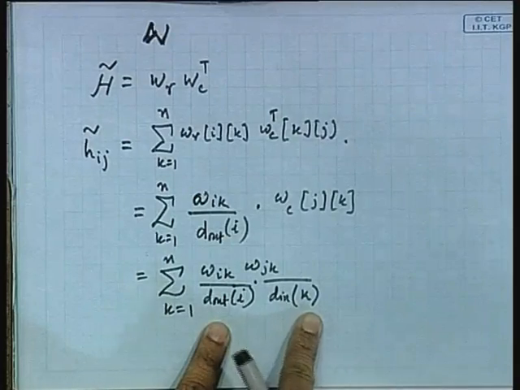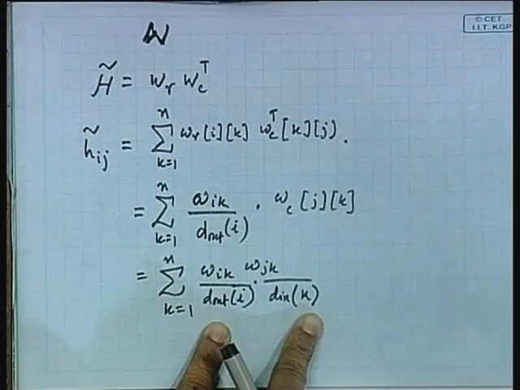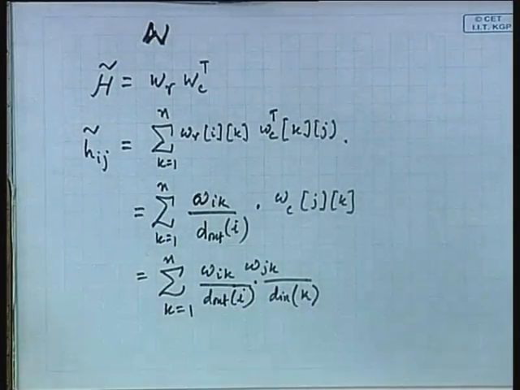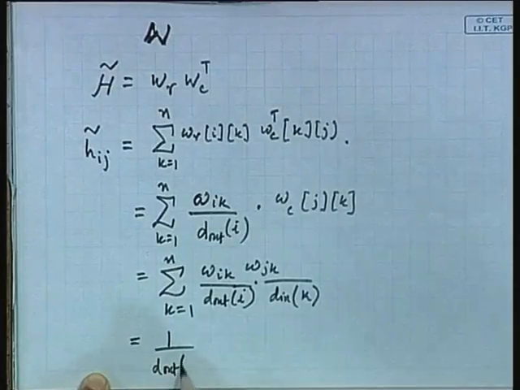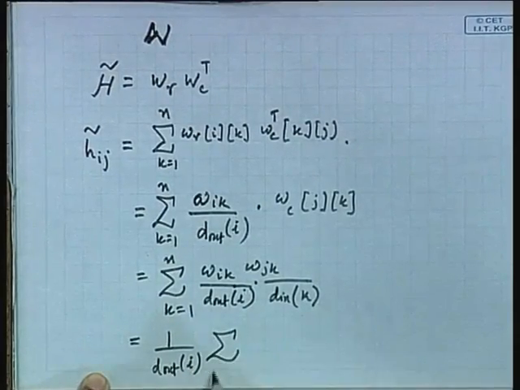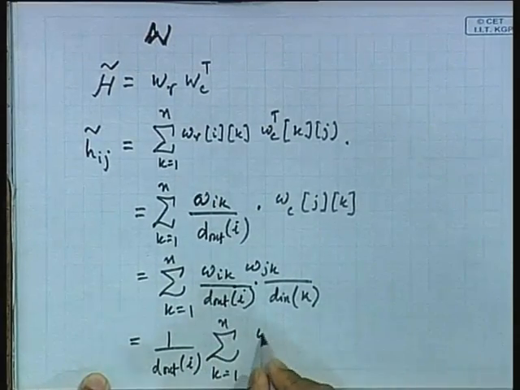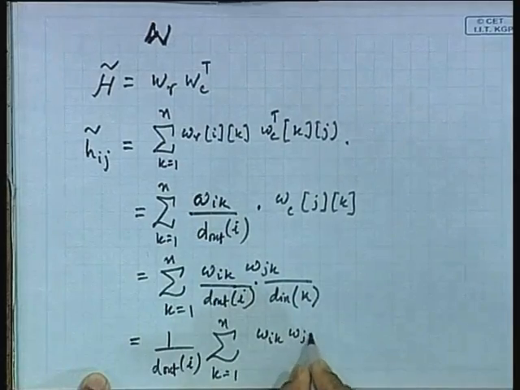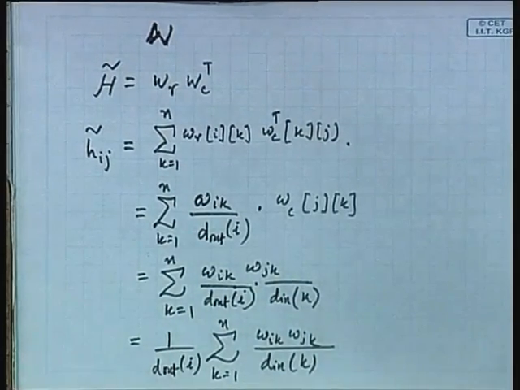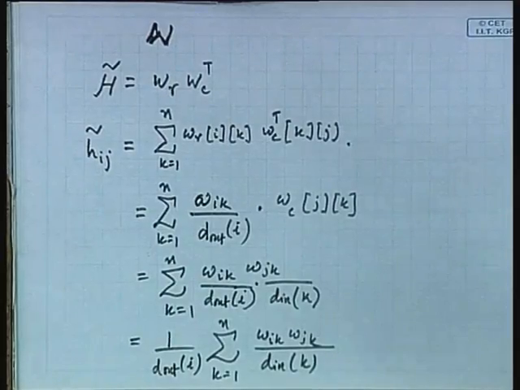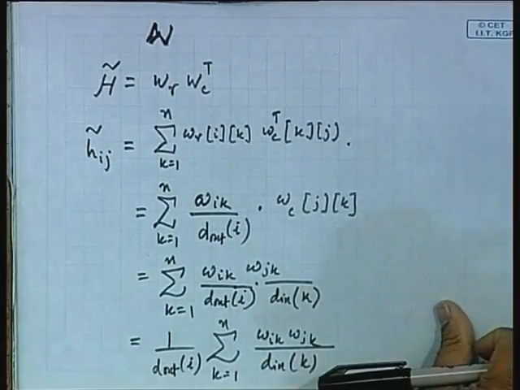So you divide it by the in degree of the column node. So you get it. This is one particular node, and here you can actually take one thing common, as this does not depend on the summation. So this is what you get. Okay. So this is your H_ij.